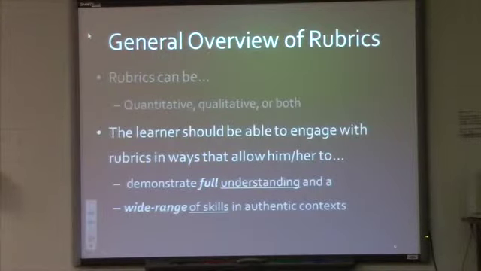Now, the wide range of skills that learner might show, the learner who is struggling or needs support, might show a wide range of skills, but those wide range of skills are not directly in line with the grade level expectations. You may also have another individual in the classroom who has a wide range of skills, who also demonstrates an alignment with grade level expectations.